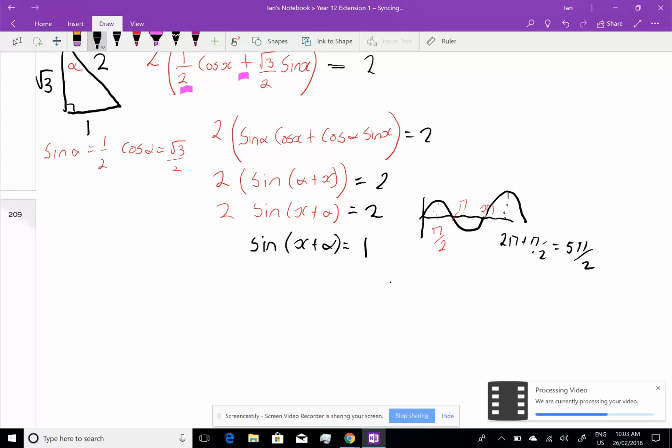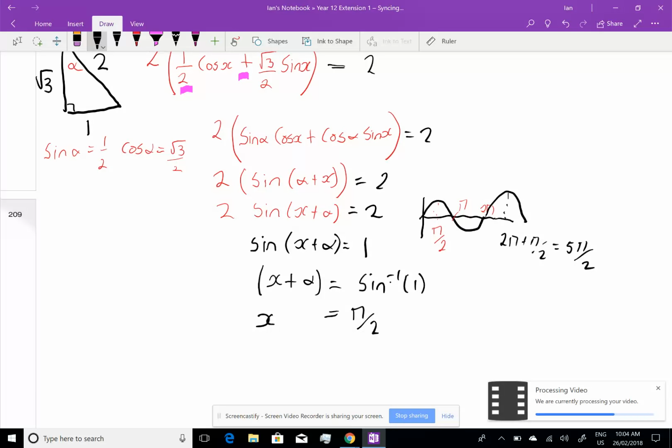But I don't need to do that because I'm only limited to 2 pi, and even if I were to go an acute angle back there, I still wouldn't reach that 5 pi on 2. So I only have to take this one answer, but it's good to know that x plus alpha equals inverse sine of 1, which is pi on 2.